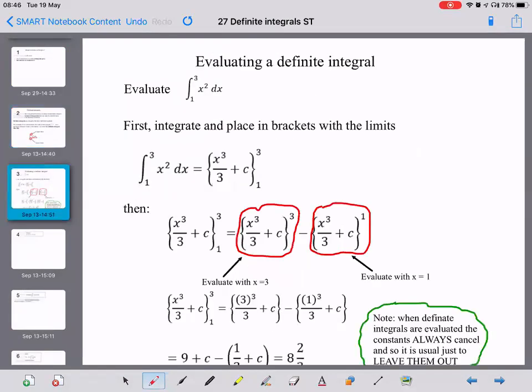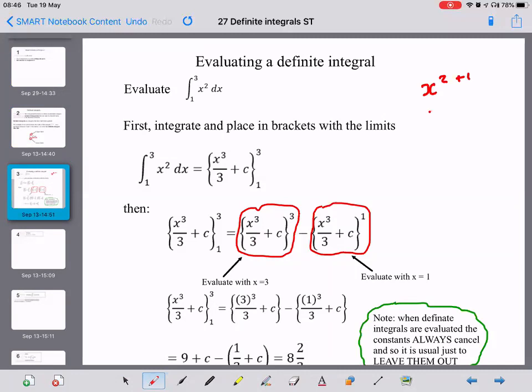So if we look at how we would evaluate that integral, the first thing we do is integrate the function and place it in brackets with its limits. So if we integrate x squared, the method is to add 1 to the index and divide by the new index.